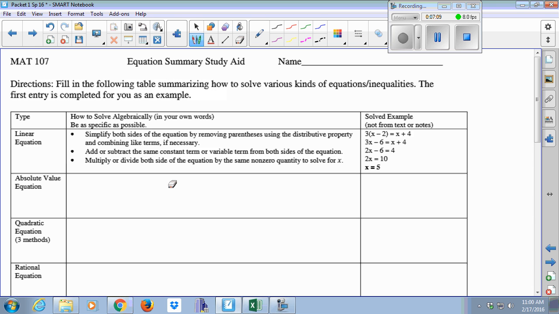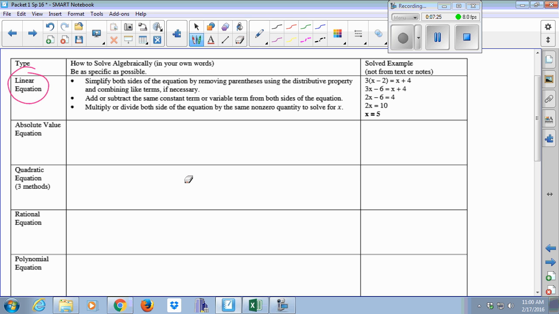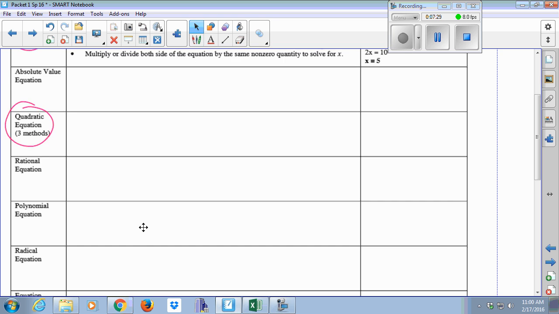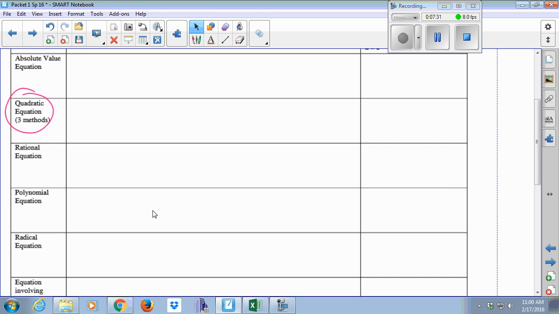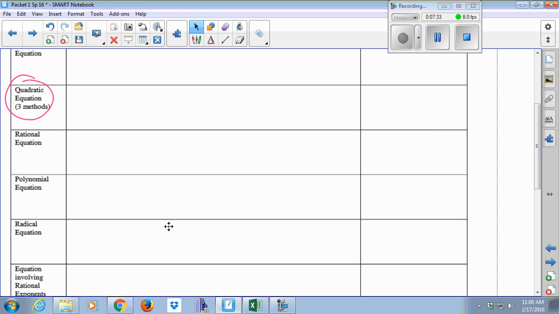Friday will be a review of the first 8 classes, and Monday will be a test on the first 8 classes. So Caitlin and I put this together, and so far we've covered linear equations, we've covered quadratic equations, and linear and quadratic come under polynomial, but today we'll be looking at things other than linear and quadratic.